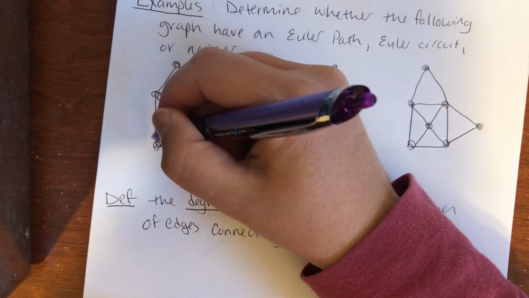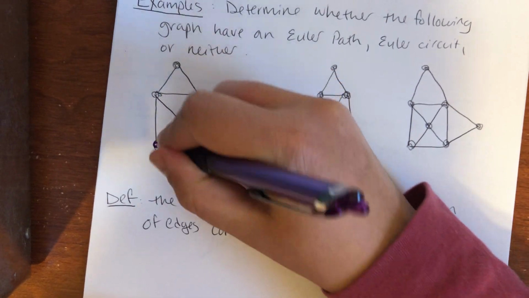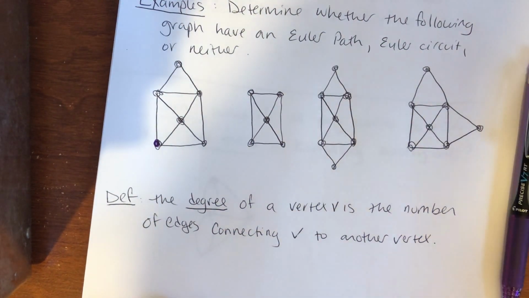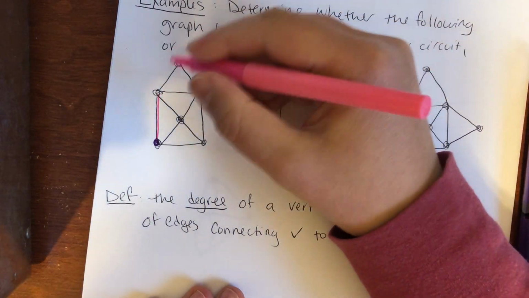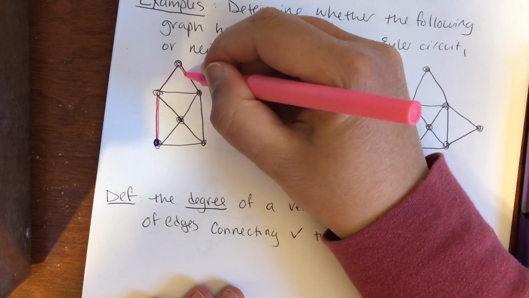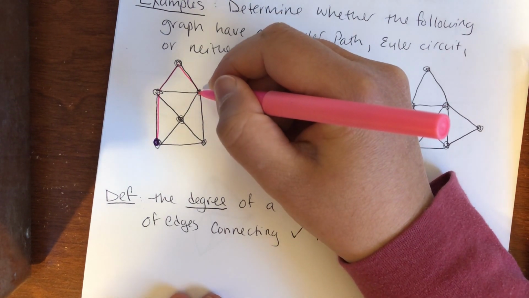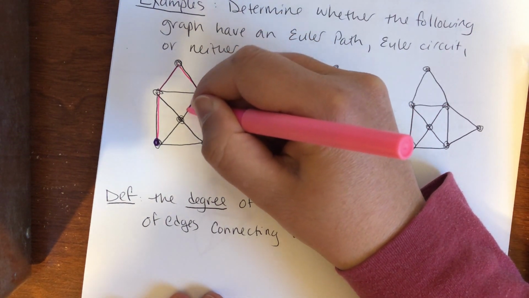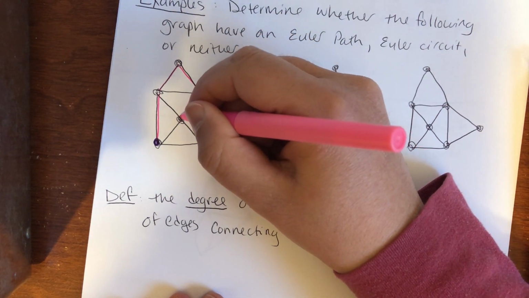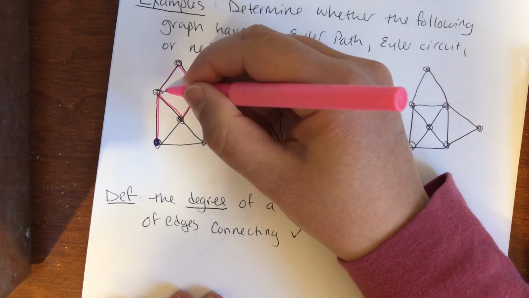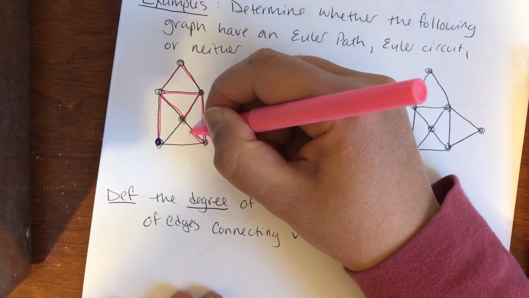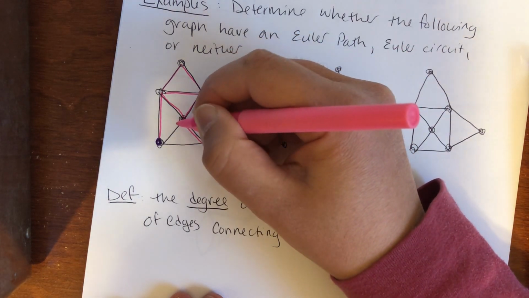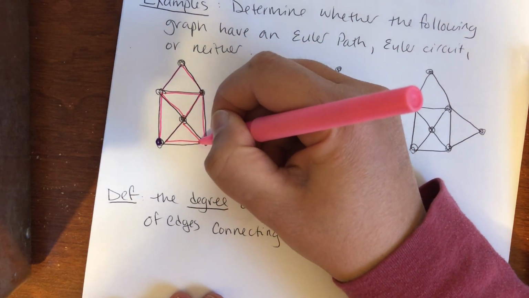In this one here, this works. So I could start in the lower corner. We'll use a different color so it's easier to see. Then go up and go to the roof of this house here. Maybe come back down across the diagonal, up to the other corner, across the top, down, up to the middle, down to the corner, and over to the edge.